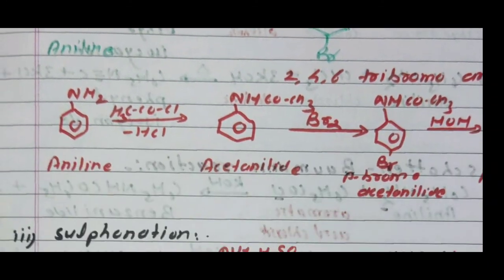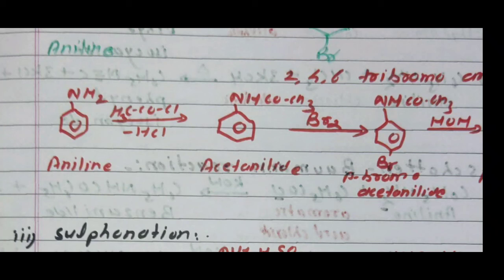In the second reaction, aniline is acetylated, meaning the NH2 group is protected, converted to acetanilide by using CH3COCl, acetyl chloride. Then this acetanilide undergoes bromination.